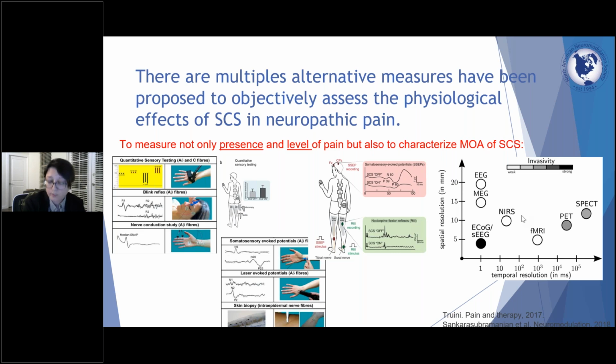And finally, the molecular imaging methods include positron emission tomography, PET, and single photon emission computed tomography, SPECT. Well, each of these modalities has its own advantages and disadvantages, but in the next slides, we will look at the research findings from the SCS and EEG literature. EEG is the most commonly used method, it is non-invasive, and has the highest temporal resolution among these modalities.